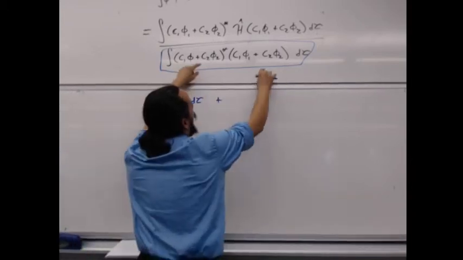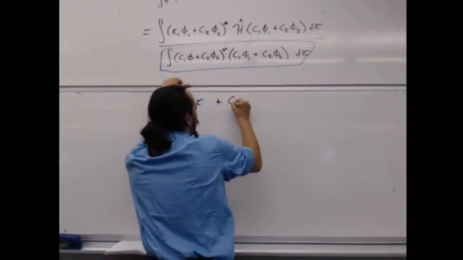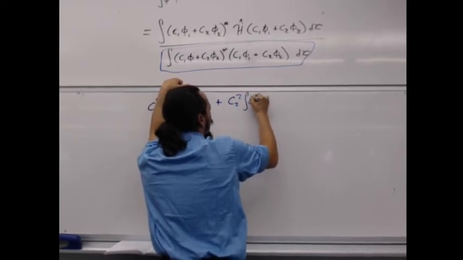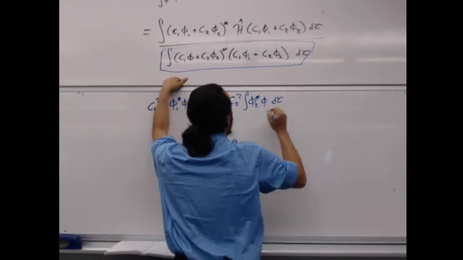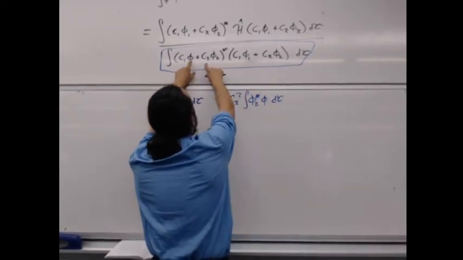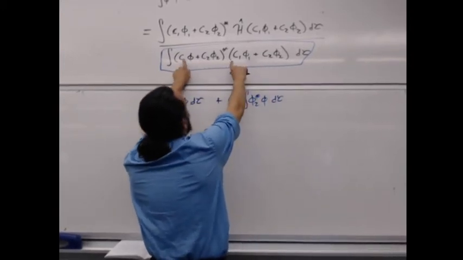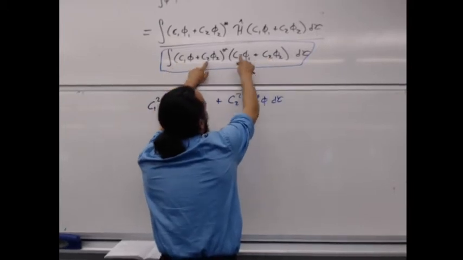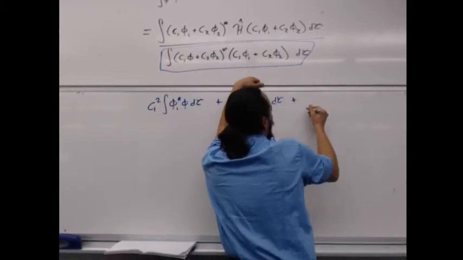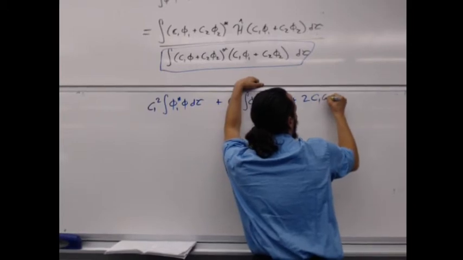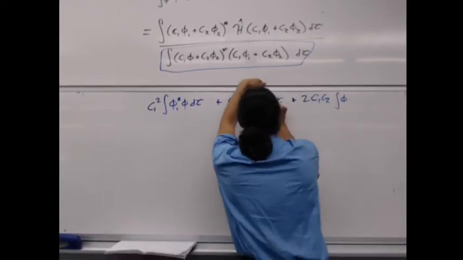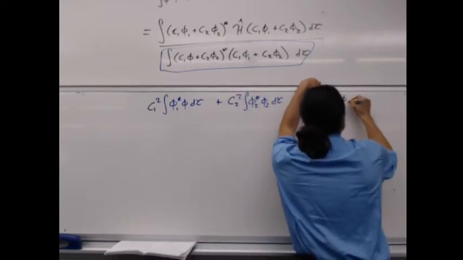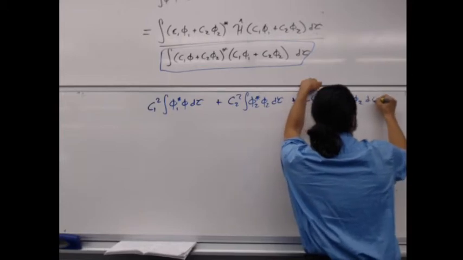I'm going to end up with a C2 squared integral phi 2 star phi 2 d tau. I'm going to end up with a C1 C2 and a C2 C1, which is really just going to be 2 C1 C2 integral phi 1 star phi 2 d tau.